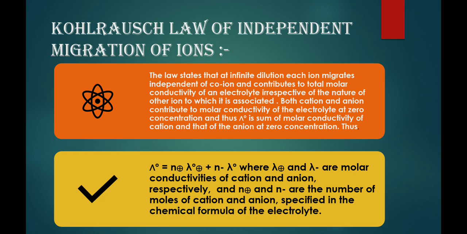Thus, capital lambda naught is equal to n plus partial lambda naught plus plus n minus partial lambda naught minus, where partial lambda plus and partial lambda minus are the molar conductivities of the cations and anions respectively, and n plus and n minus are the number of moles of cations and anions specified in the chemical formula of the electrolyte.